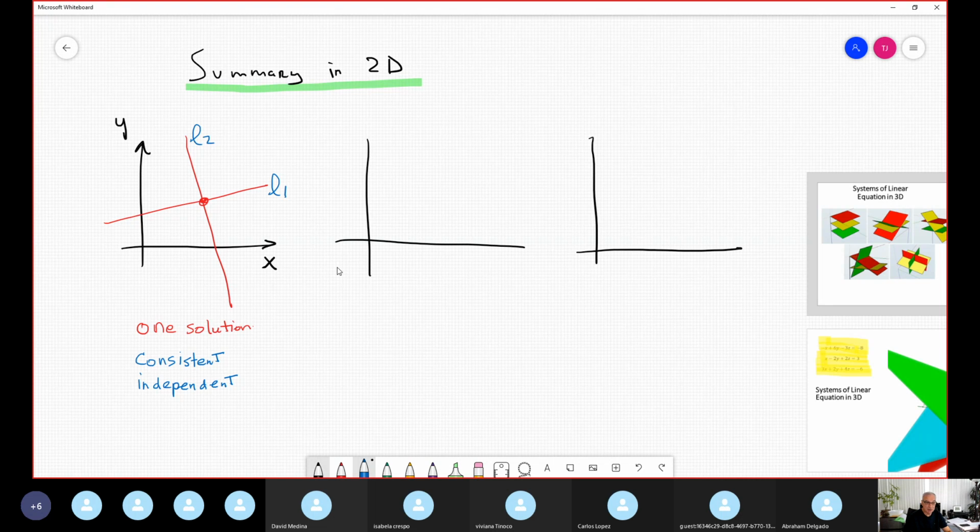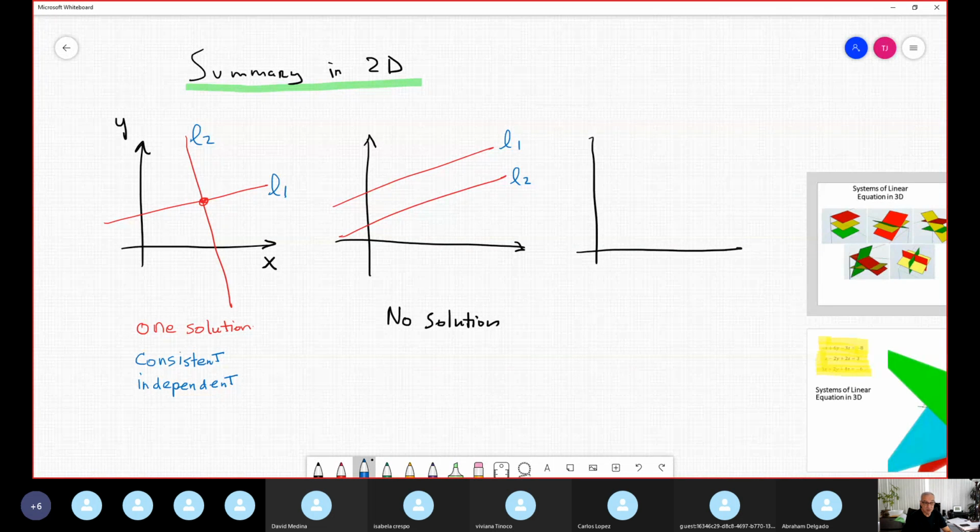Now another possibility is no solution. And in no solution, we have two parallel lines. Line 1, line 2. They never meet, never intersect, no solution. And the system is called inconsistent.